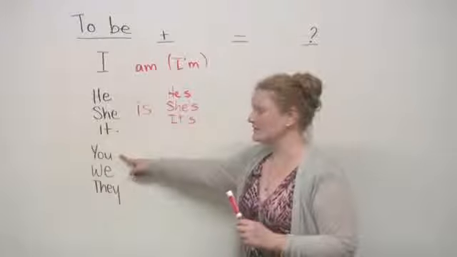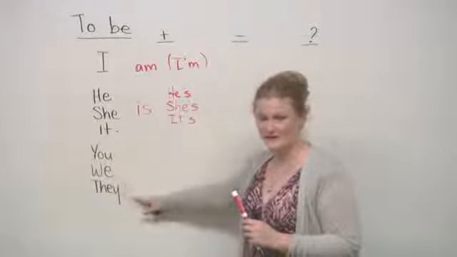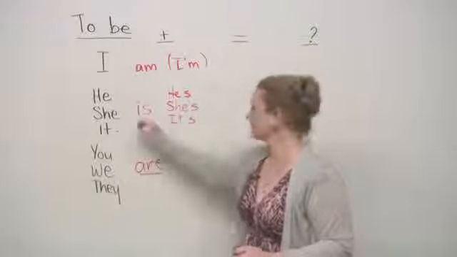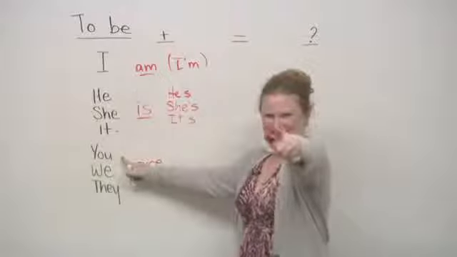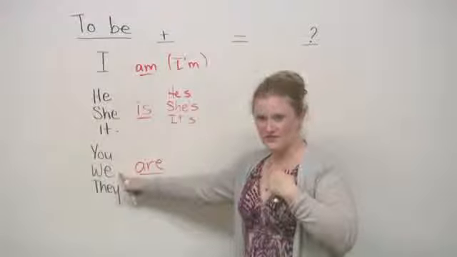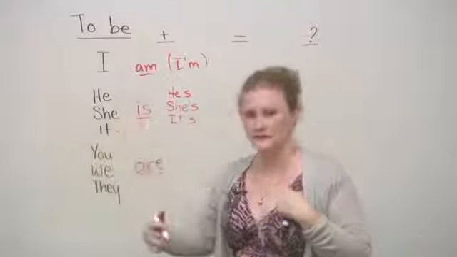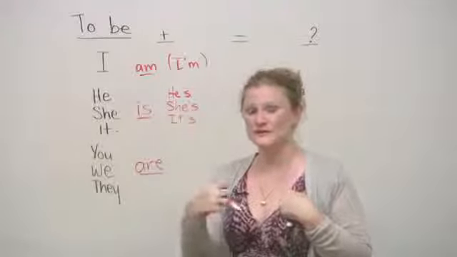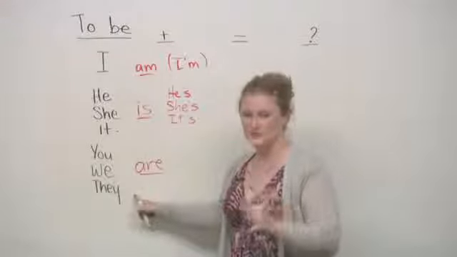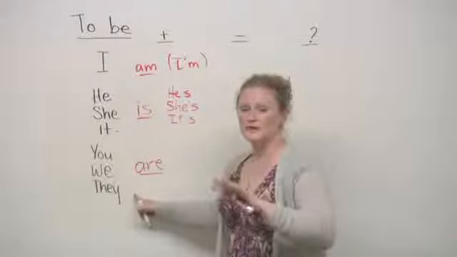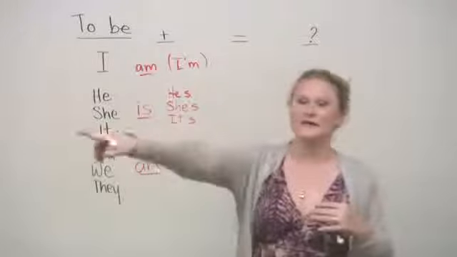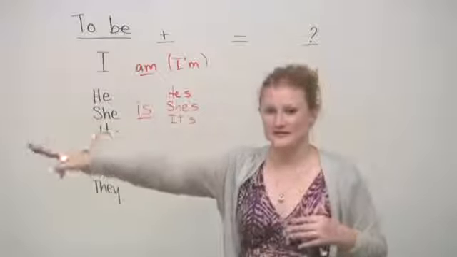When we use you, we, and they, we have to use are. You is you. We includes myself and another person. We is plural. There's always at least two people, including you. They is also plural for people. It means more than one person who is not yourself. So I can say they like pizza.